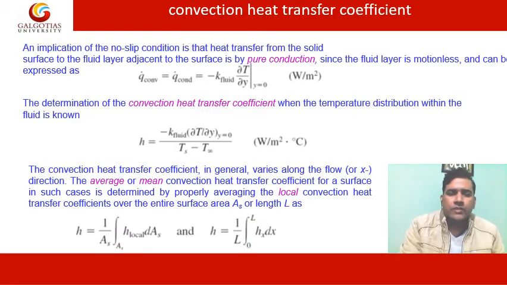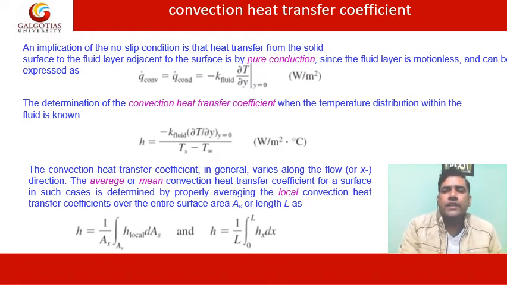So the heat transfer coefficient that we discuss here has implication of the no slip condition, and heat transfer from the solid surface to the fluid layer adjacent to the surface is by pure conduction, since the fluid layer is motionless, and can be expressed by this relation.